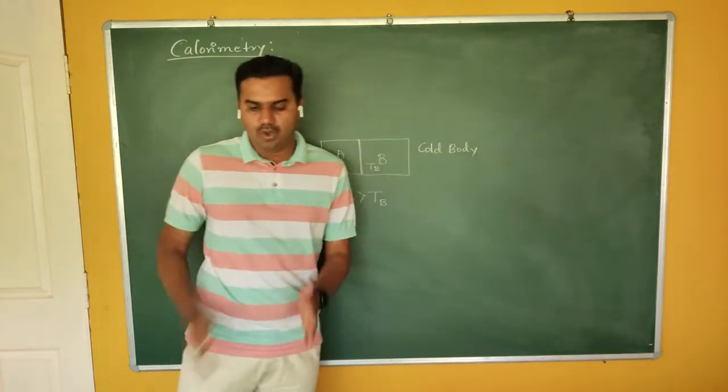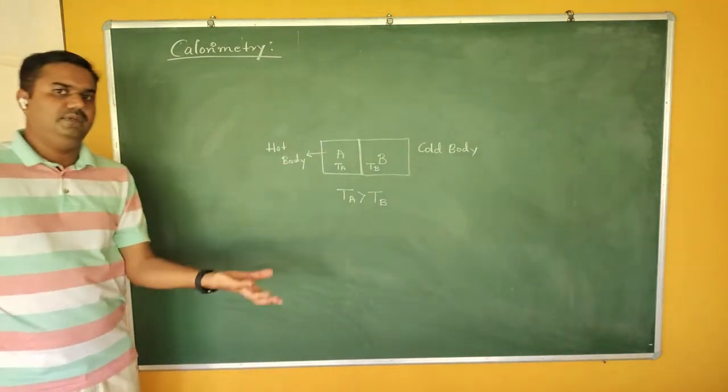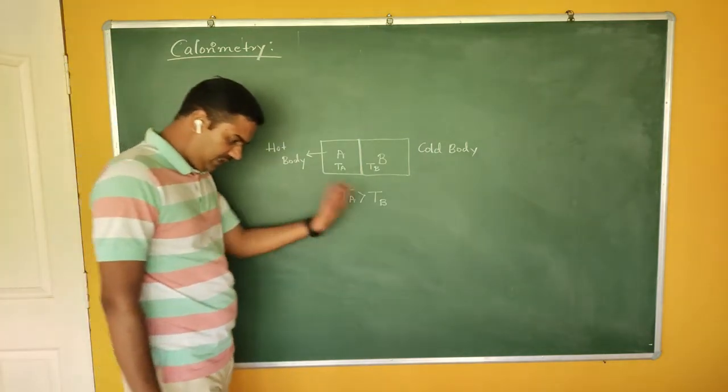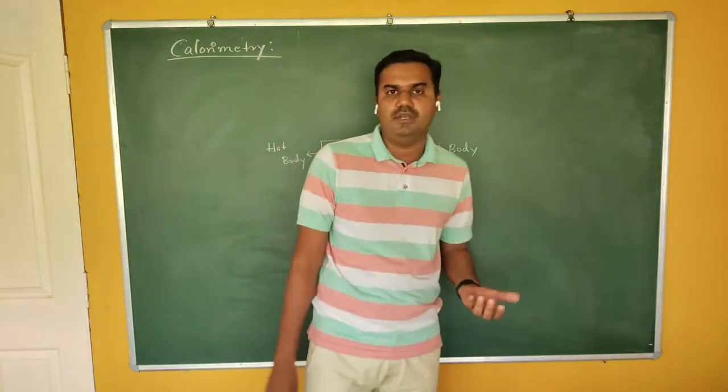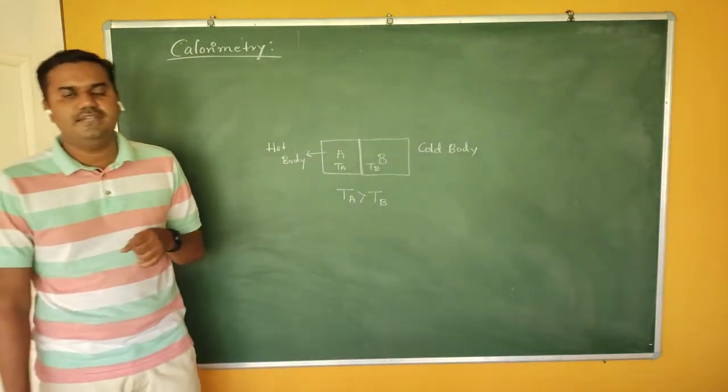As you know, hot and cold are relative: the body having the higher temperature is the hot body, and the body having the lower temperature is the cold body.